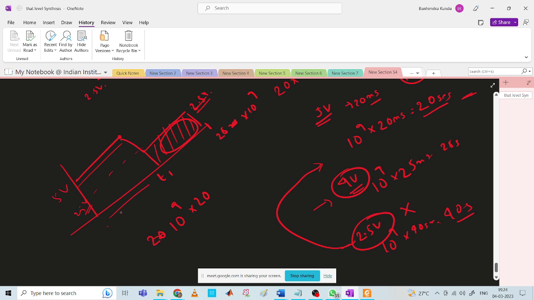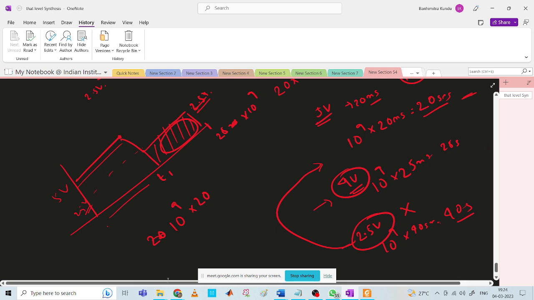So you do not run your 5 volts till the full time. You run your 5 volts till some time, and then you switch on your 2.5 volts. Now that will definitely reduce the clock speed, but still you had more time while you were using 5 volts, right? So you can adjust the time.